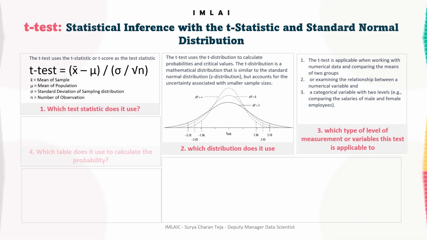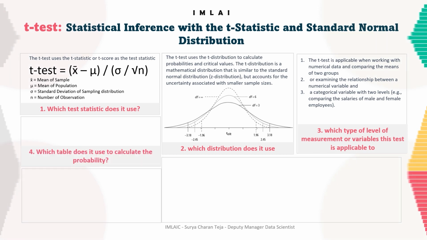And the fourth question, which table does it use to calculate the probability? The t-test uses the t-table, also known as the student's t-table, to determine critical values and calculate probabilities. The table provides critical values for different levels of significance and degrees of freedom.